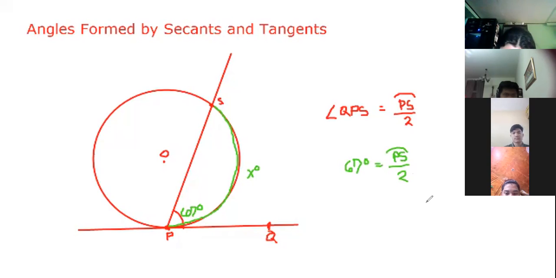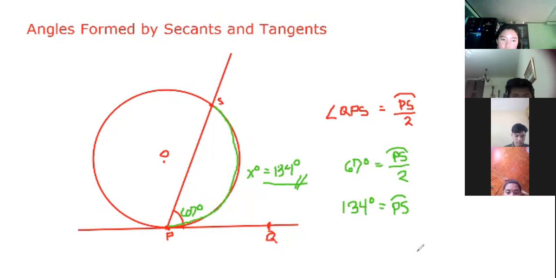So, cross multiplication lang din, di ba? We're going to cross multiplication or we're going to divide, times 67 by 2. Okay? 67 times 2, this is, what is this? 134 degrees is equal to RPS. So this one is equal to 134 degrees. Nakukuha? Do you follow?